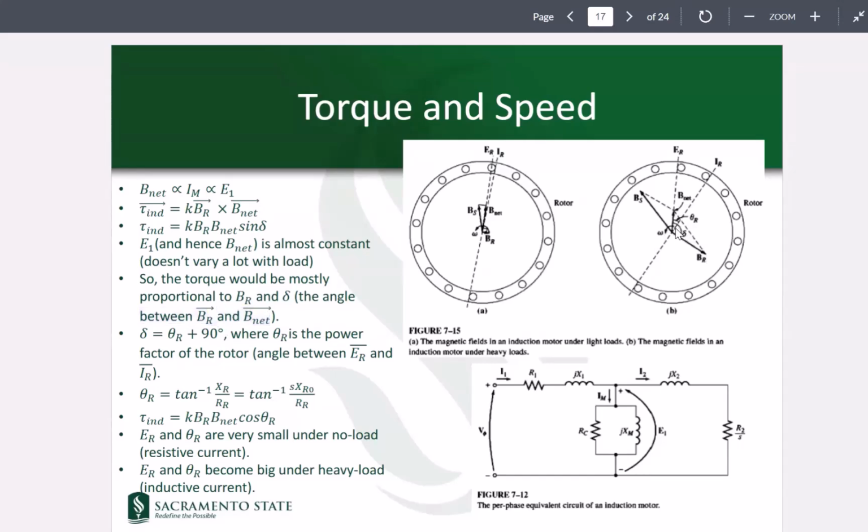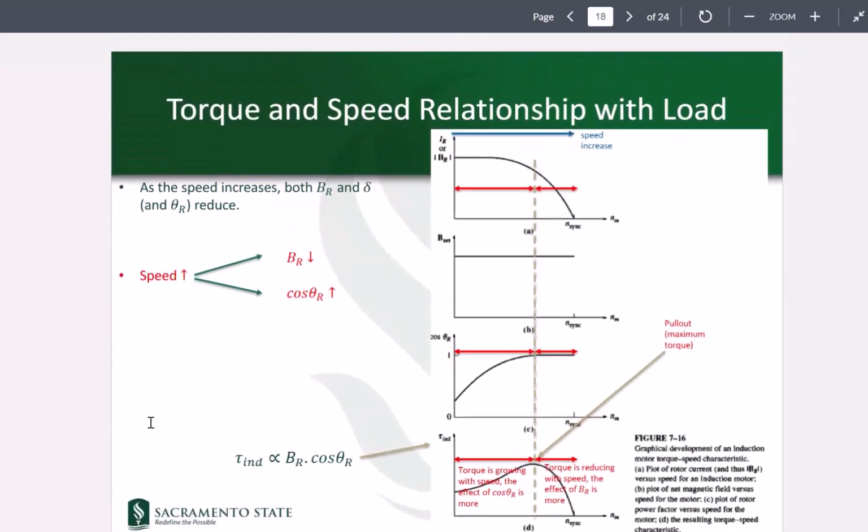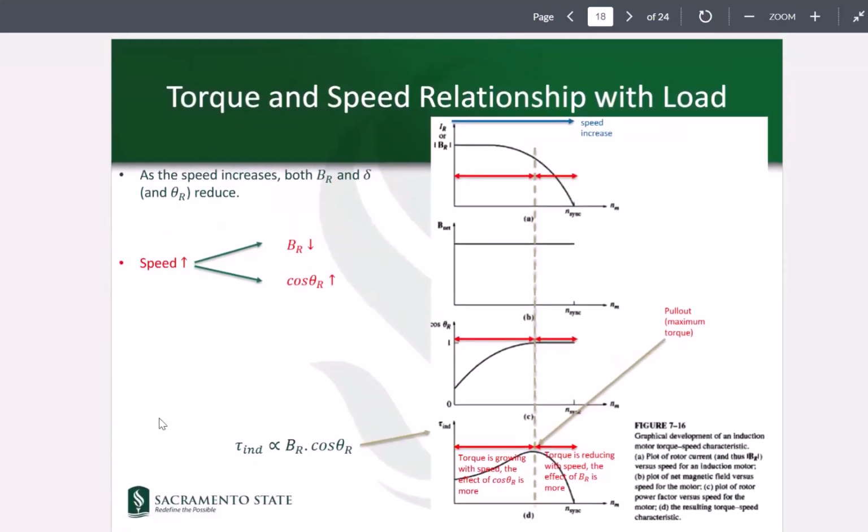And delta, we know that it's equal to theta R plus 90 degrees, where theta R is the power factor angle of the rotor. So I should correct that, power factor angle of the rotor, the angle between ER and I. Now, I'm trying to show you this. We're talking about tau induced, which was a function of BR, B net, and the cosine of the angle.